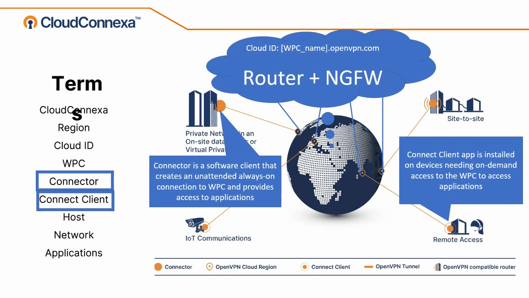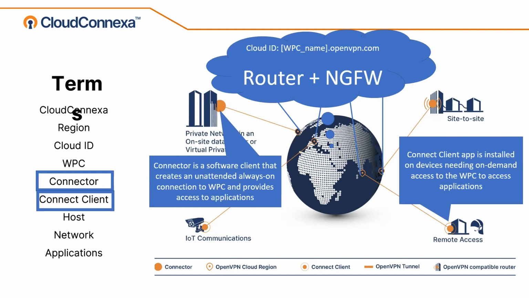What this allows for is that using a connector, you can make services accessible to the WPC. Once you install a connector on a server, you can make the services running on that server accessible, and that's what we call a host. Or it can act as a router and make the services available on your entire network available to the WPC.